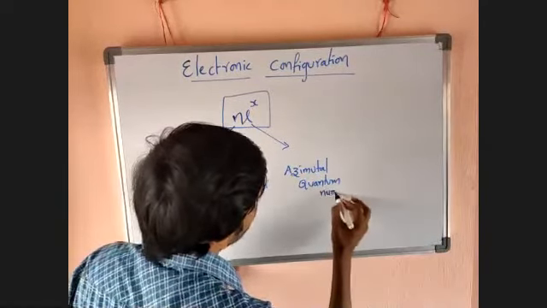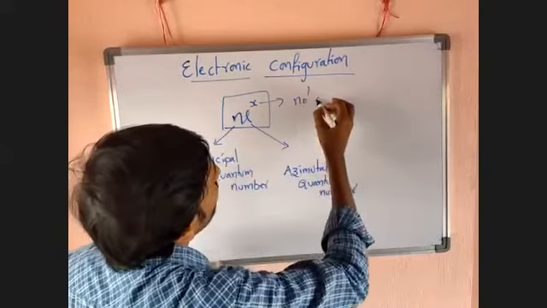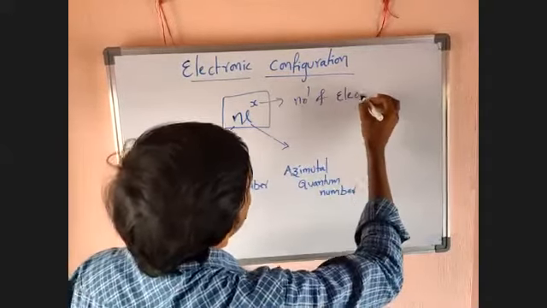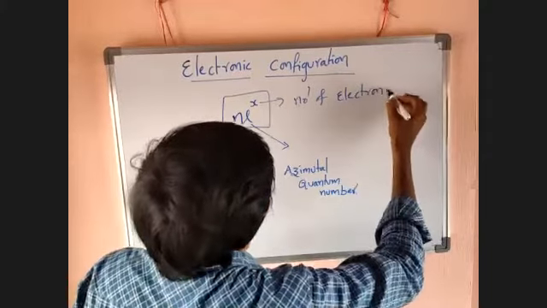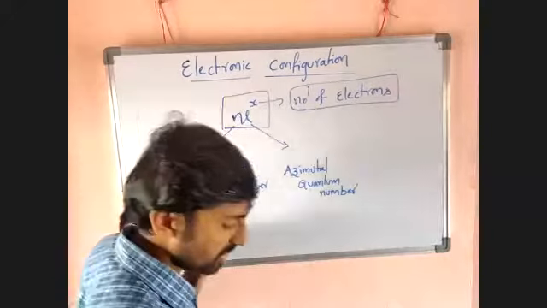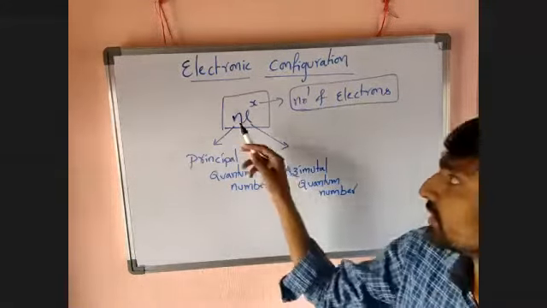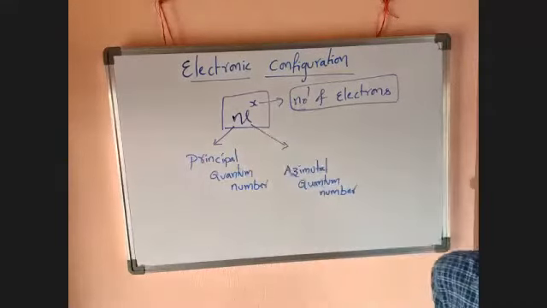Azimuthal quantum number. Then x is what? Number of electrons. So the general notation for electronic configuration is n l power x.